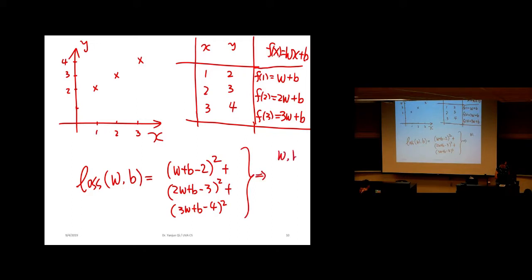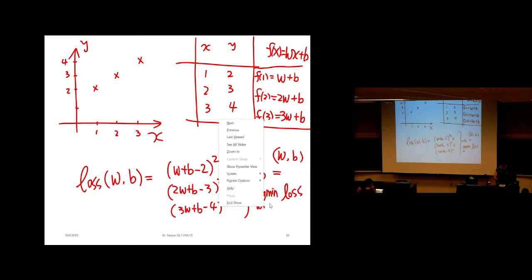So w and b equal the argmin of the loss function, where w and b are the only unknowns here.